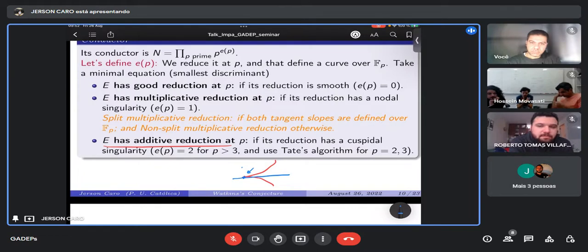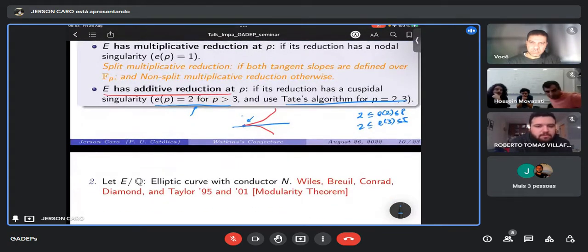And in this case, like we said, it has additive reduction. And EP in those cases is more complicated to compute, but is equal to 2 for P bigger than 3. And we use Tate's algorithm to find EP in the case of 2 and 3. I want to say that E2 is between 2 and 8 in this case, and E3 is between 2 and 5 in this case.